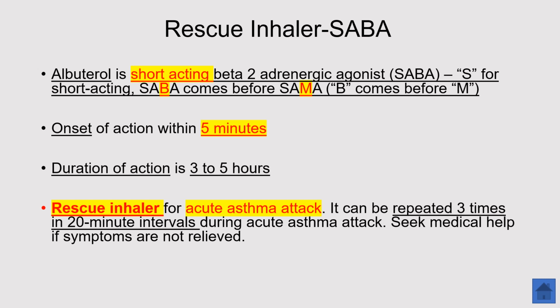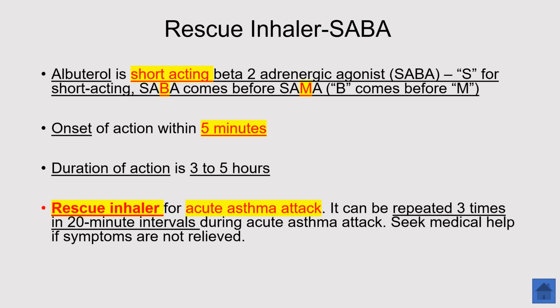So the prototype drug for SABA, the short-acting, is albuterol. Albuterol inhaler is given for a patient who is having an acute asthma attack or being very symptomatic, saying that the patient has tightness of chest, unable to breathe, coughing, and things like that.